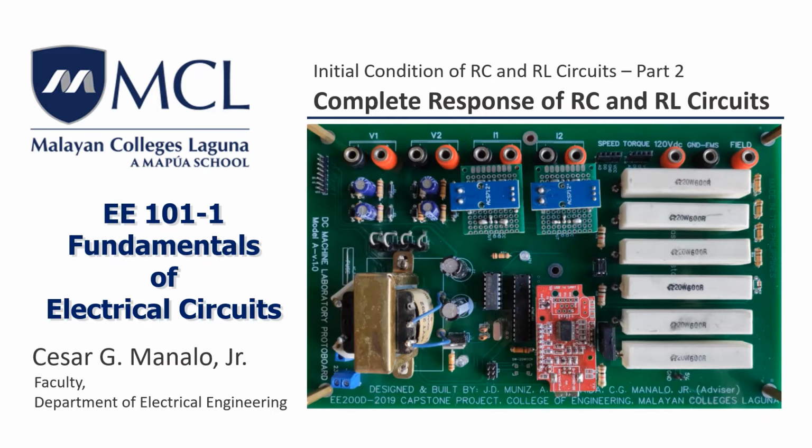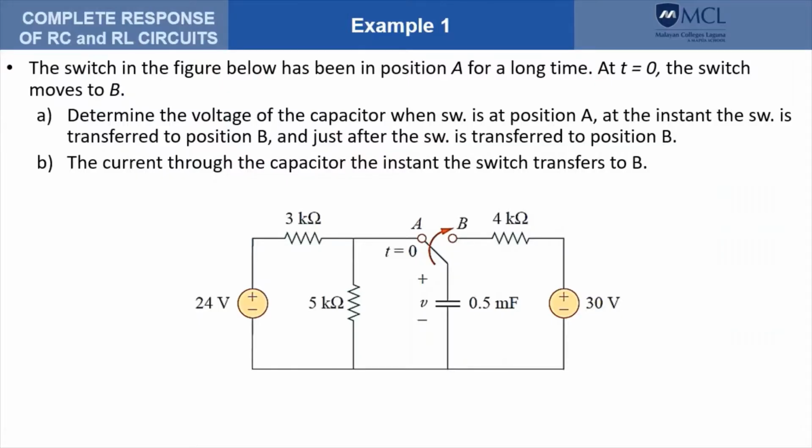In this video, let's show some examples on how to determine the initial conditions of RC and RL circuits. In this example, we have a network containing a capacitor and a switch that has been in position A for a long time.